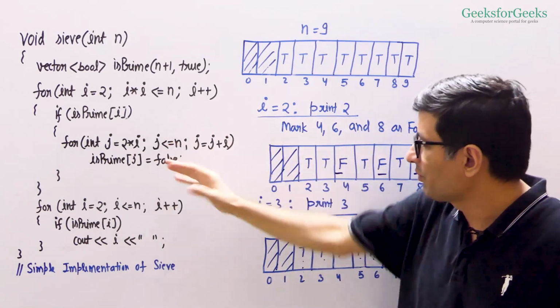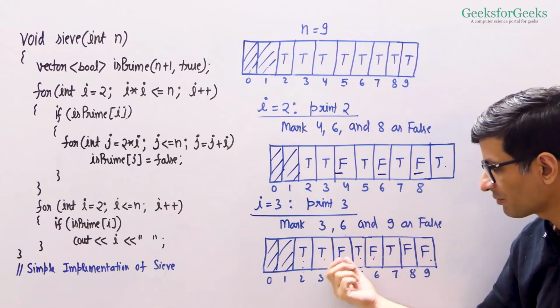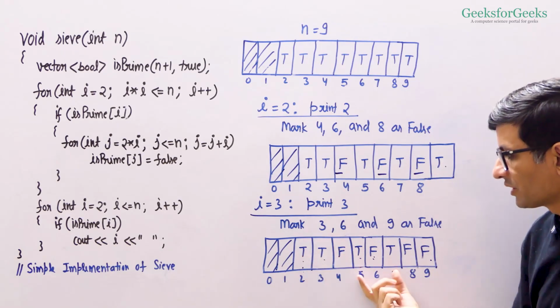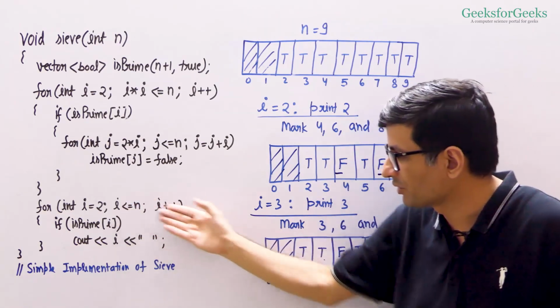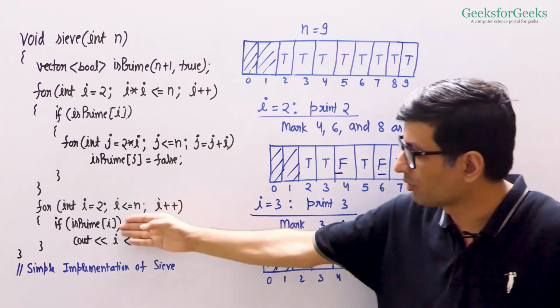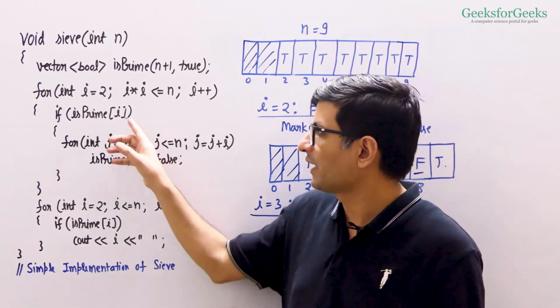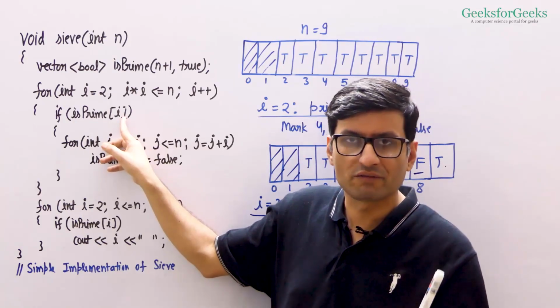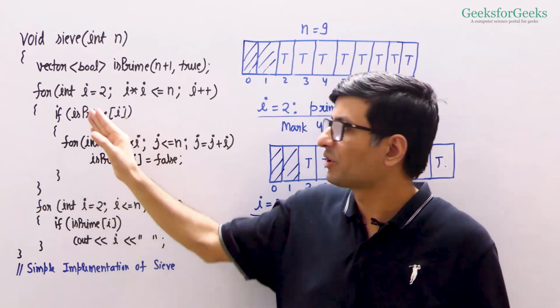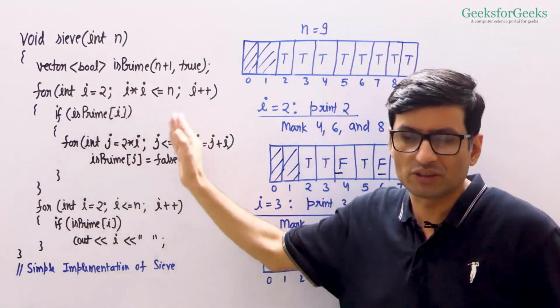And after this loop, we have all the primes marked as true. So we simply traverse through this array and print all those entries which have value true. One more interesting thing to note here is if i is prime, then it will have value true at this point, because you are considering the values in increasing order, right?